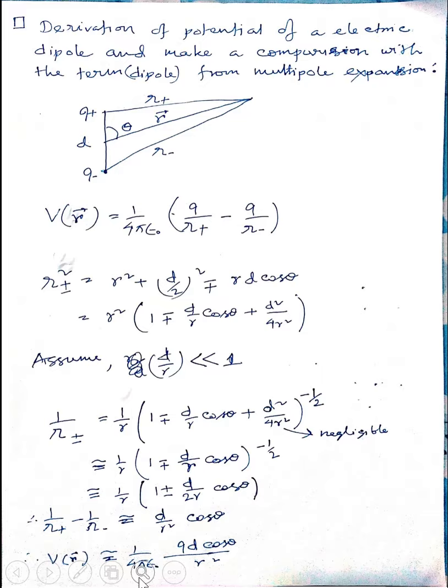Now I will try to draw a comparison of this potential by the direct method and what we have got by multipole expansion, right? Then we'll understand that both terms are actually the same.